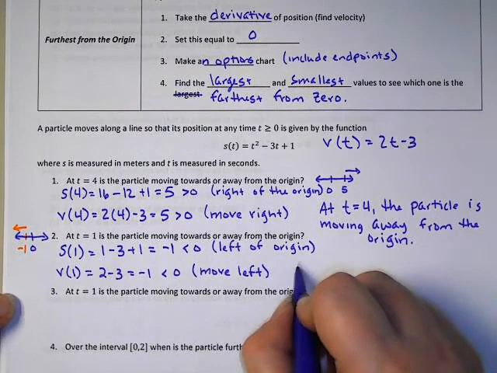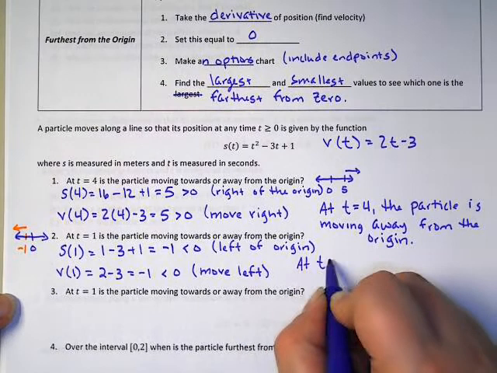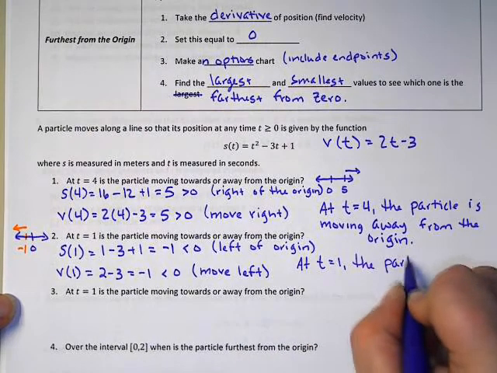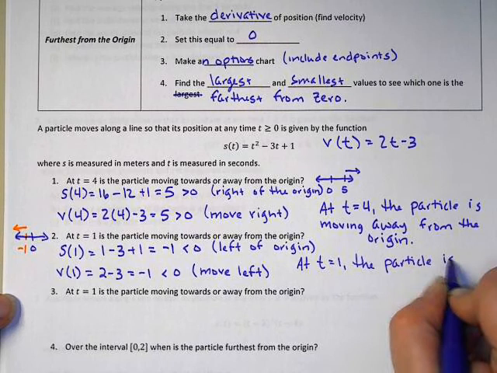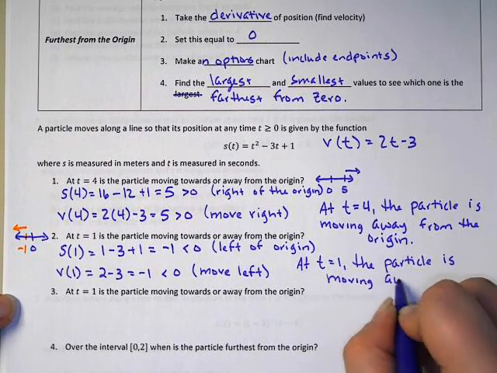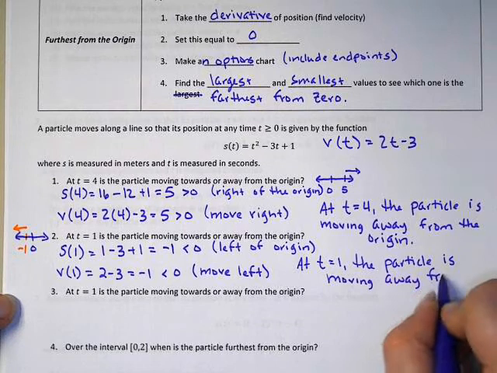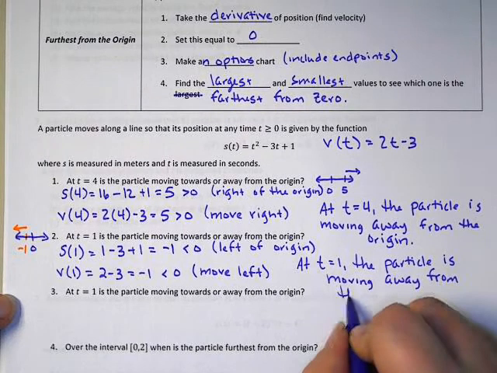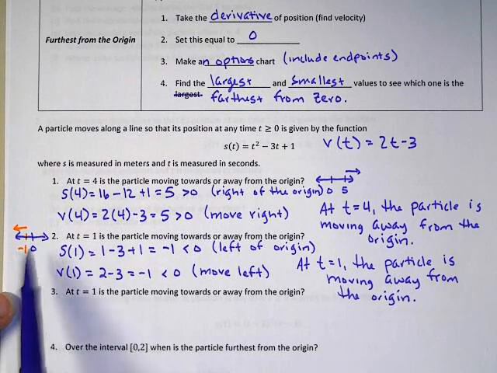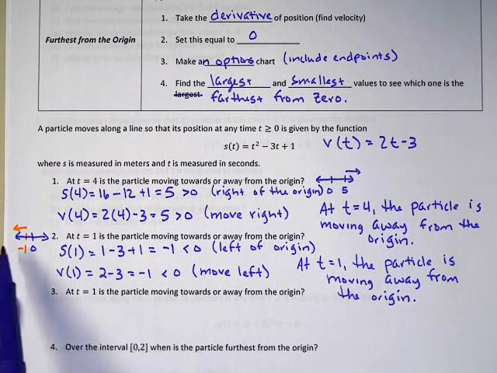So at t equals 1, the particle is moving away from the origin. Because I started on the left and I'm moving to the left.